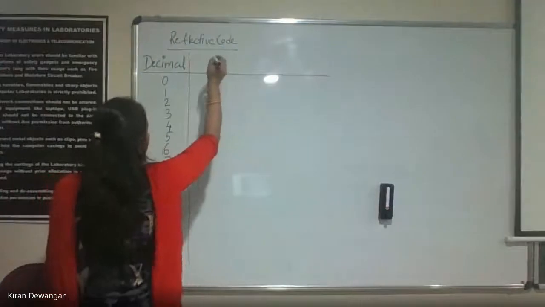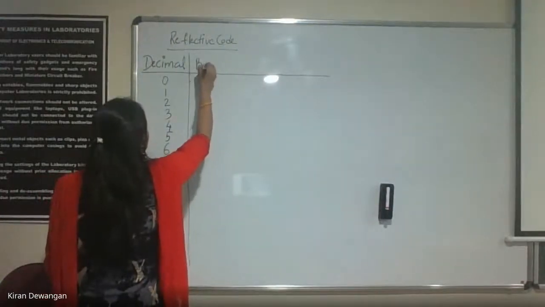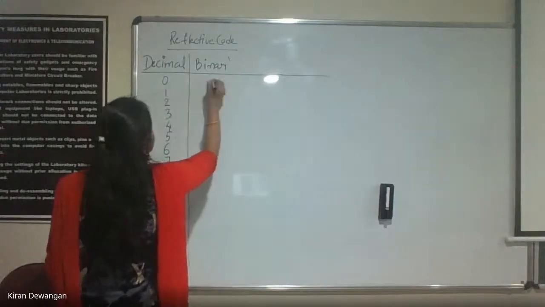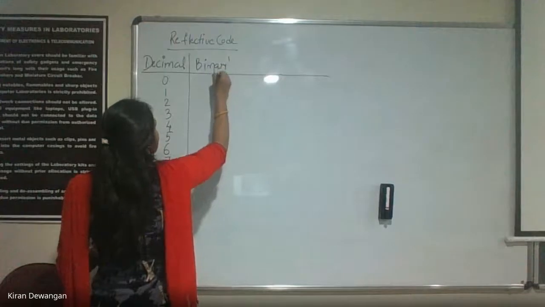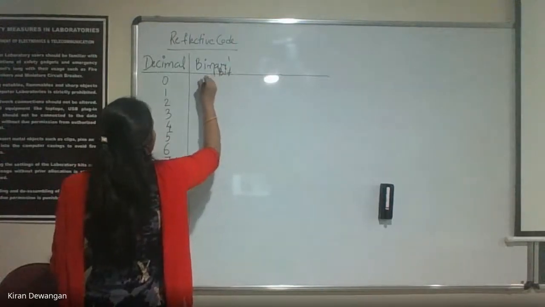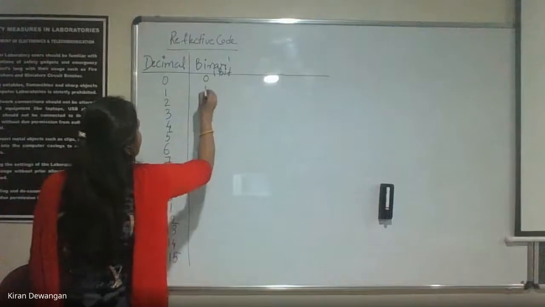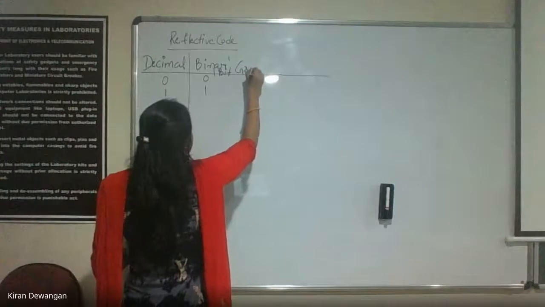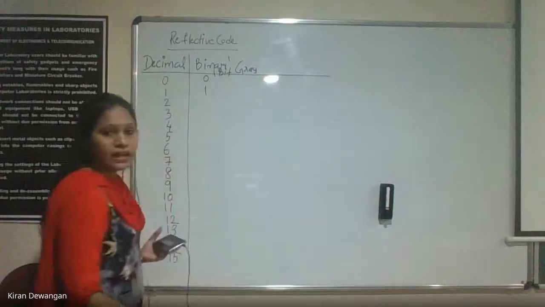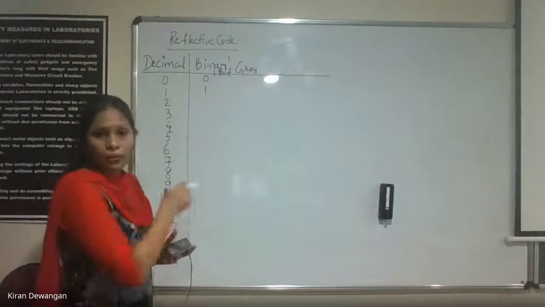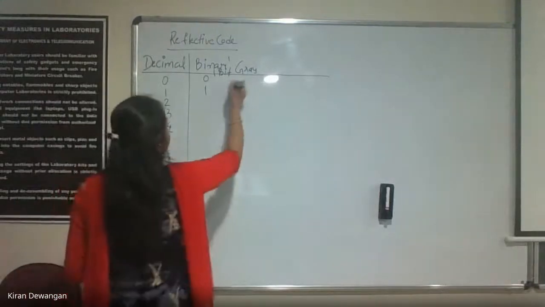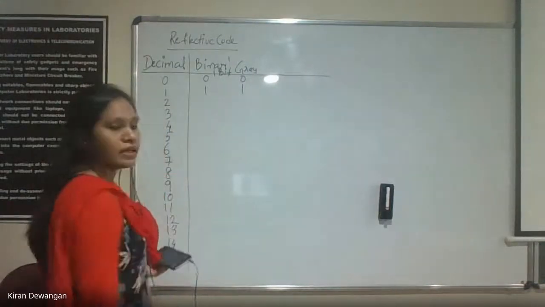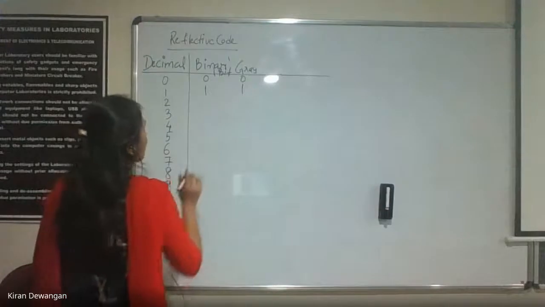Now, if we have to write the binary of it, binary 0, and if it is 1 bit, 0 is 0, 1 is 1. Clear? Now if we have to write the gray of it, if it is a 1-bit gray code, definitely 0 will be represented by 0 and 1 will be represented by 1. Simple. It's 1 bit.